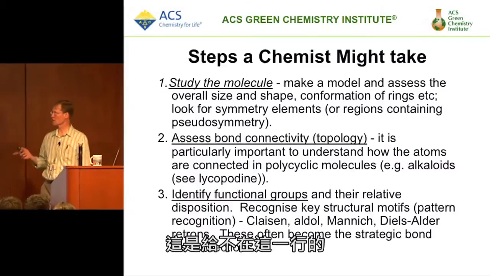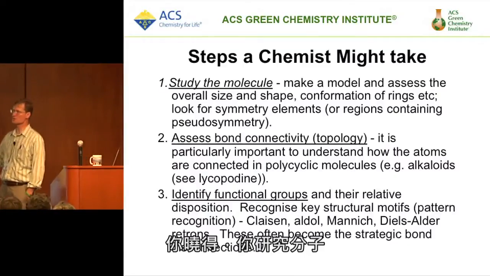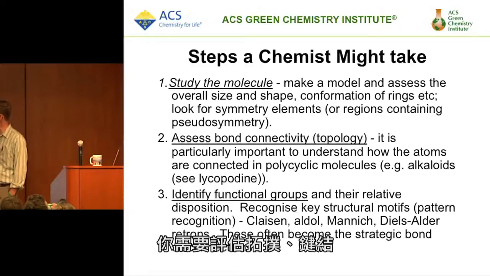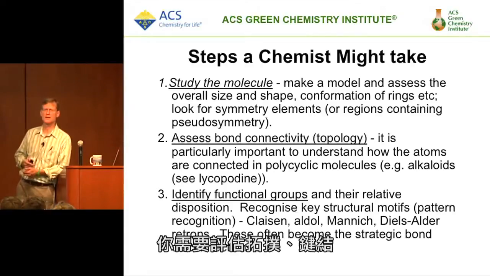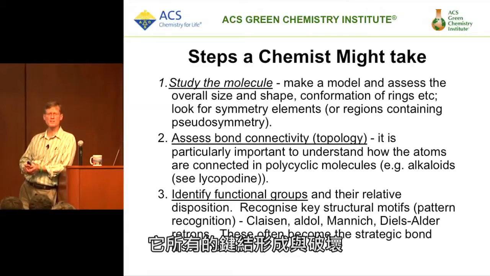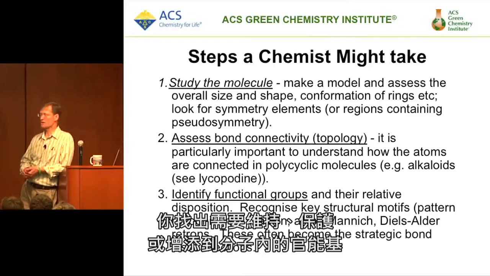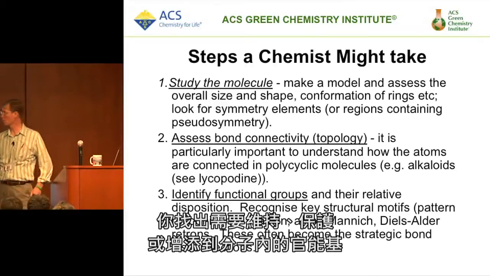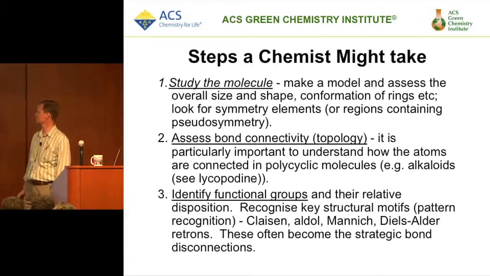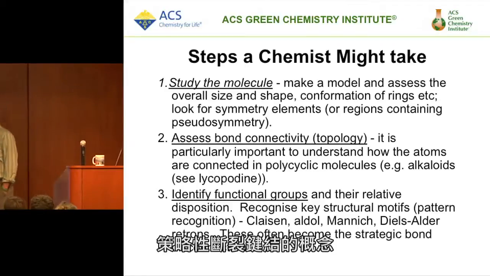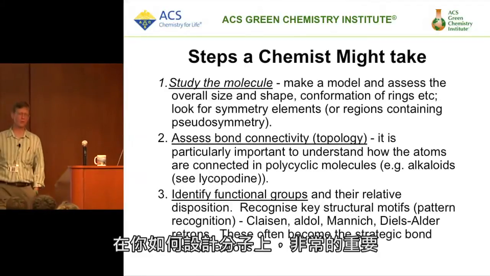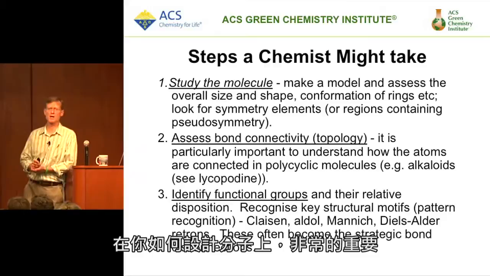So this is, for those who don't do this, you study the molecule, you assess the topology, the bond connectivity. It's all about making and breaking bonds in the order in which you're making and breaking those bonds. You identify functional groups that either you want to maintain, protect, or put into the molecule. And this notion of strategic bond disconnections is an important one in how you're designing that molecule.